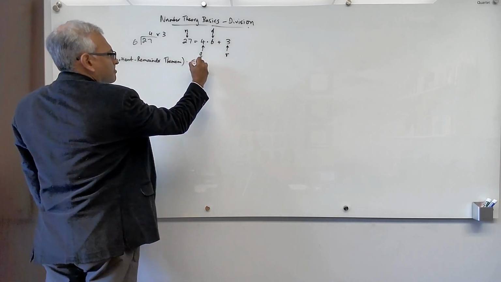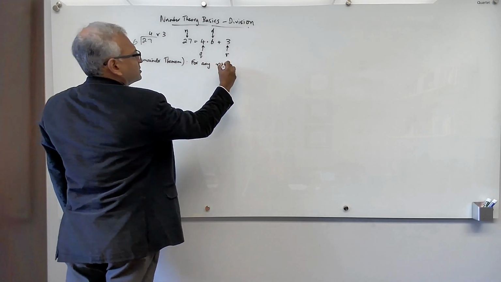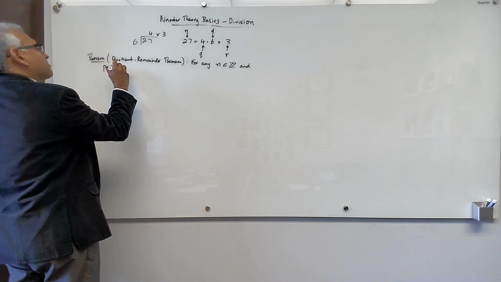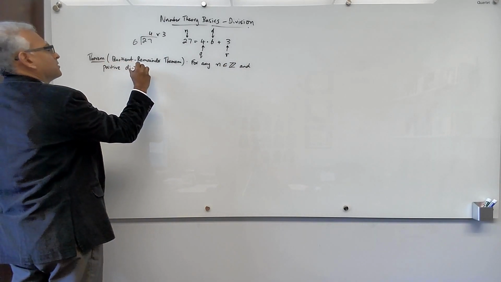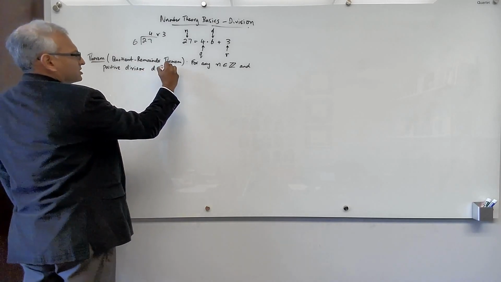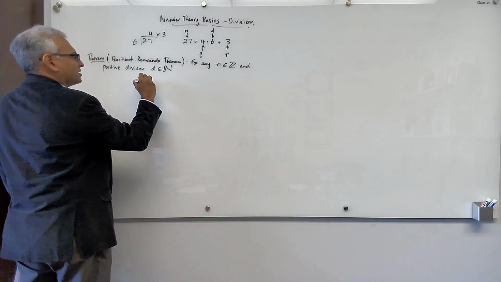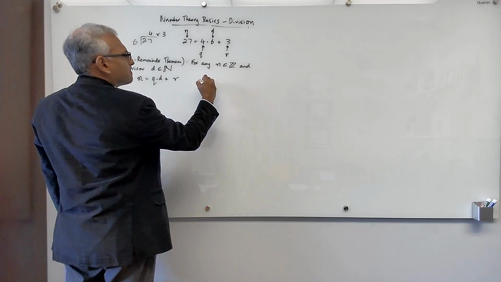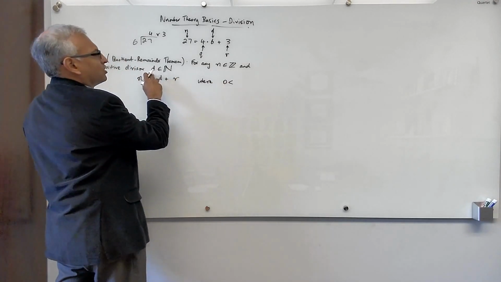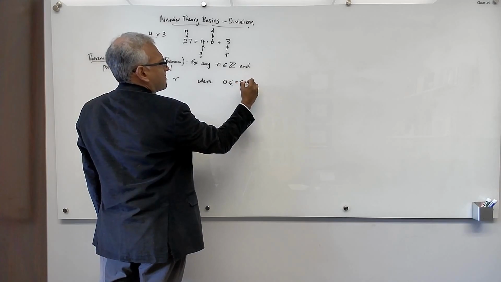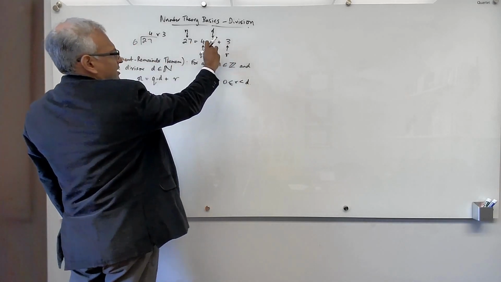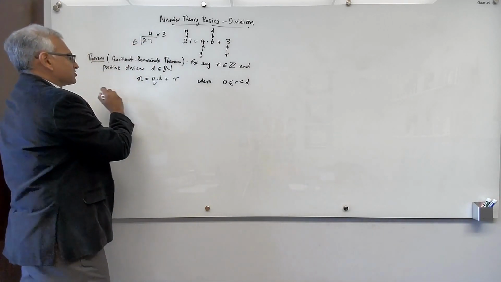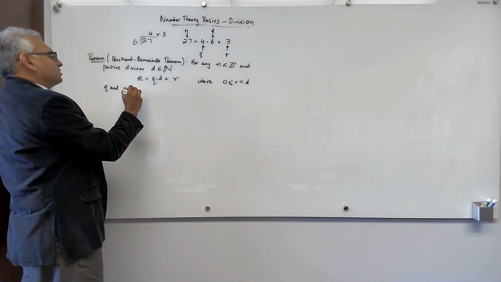For any number n, which can be an integer, and any positive divisor d, which is a natural number, it's always possible to write n as a product of a quotient times d plus a remainder, where the remainder is less than d. Just as in this case, the remainder is less than 6. And in fact, this can be done uniquely. So there's a unique q and r for which this is true. q and r are unique.